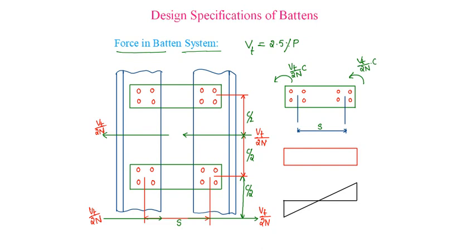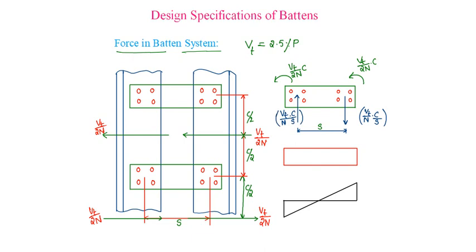Due to this couple, there will be reactions. Since the couple is anticlockwise, there should be a clockwise set of reactions developing. That will be equal to the sum of both, Vt by n into C divided by this distance S, which will give us the reaction. So this is Vt by n into C divided by S.